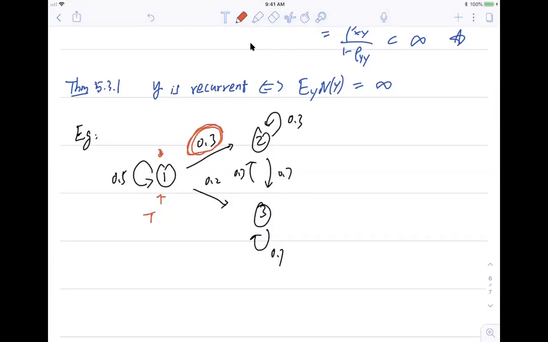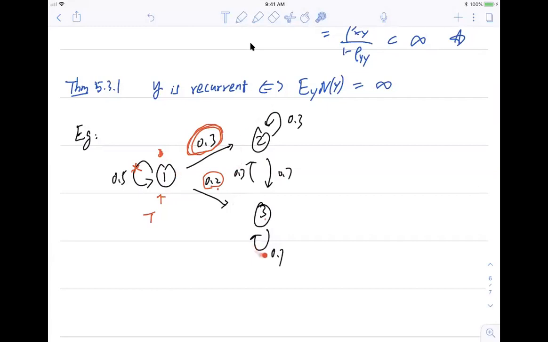If you do each iteration, you don't really need to care about the self transition. When you do one iteration, 30% of mass goes to state 2, and 20% goes to the other state. So in the end, there's no mass in state 1.